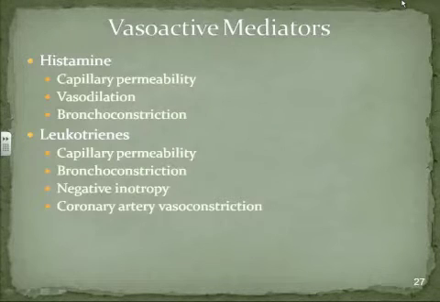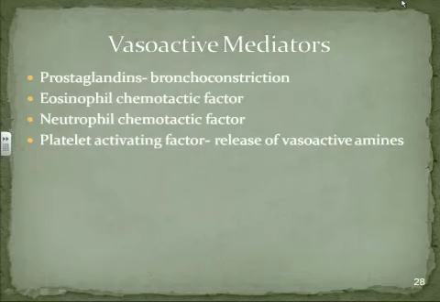As for leukotrienes, capillary permeability is increased, along with bronchoconstriction, negative inotropy, and coronary vasoconstriction. Those are bad signs, but those are also vasoactive mediators released by things like mast cells and certain cells activated by IgE. Prostaglandins may also be released, as well as eosinophil chemotactic factors.